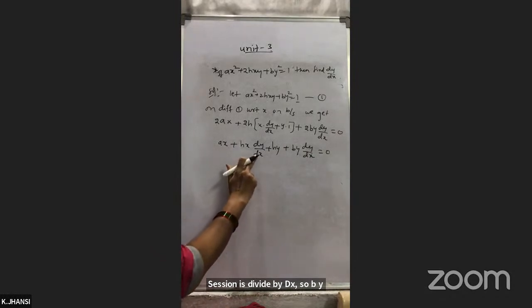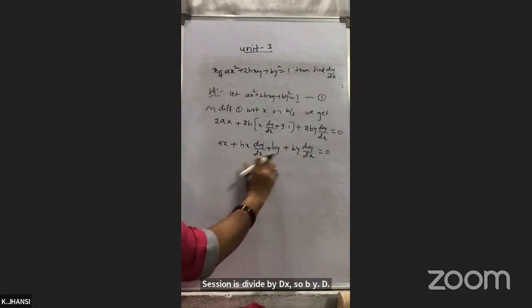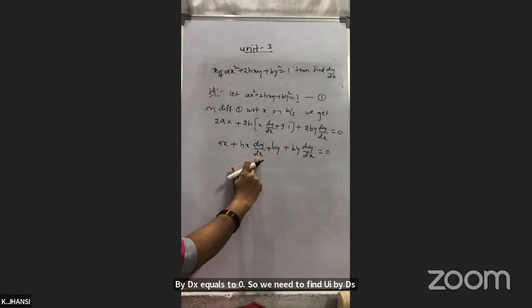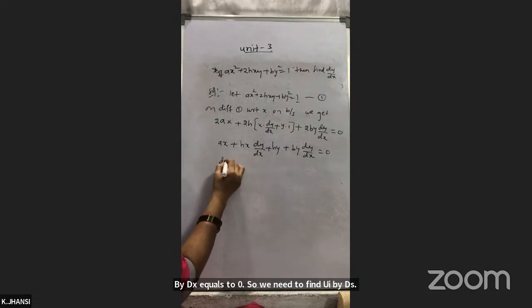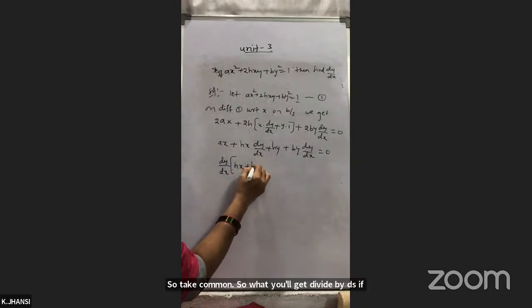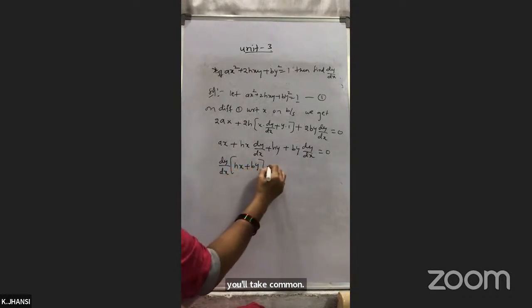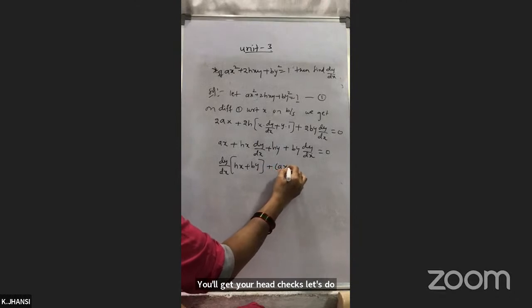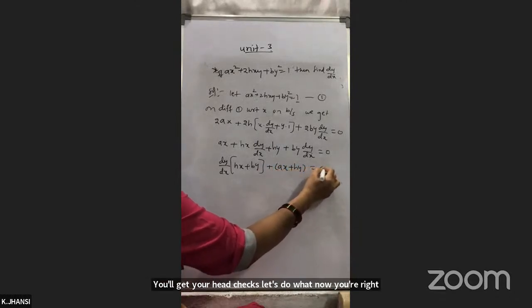Okay, so we need to find dy by dx. Now here for both terms we have the dy by dx, so take it common. So what you'll get? dy by dx, if you take common, you will get here hx plus by. Now you write this as separate, ax plus hy equals to 0.